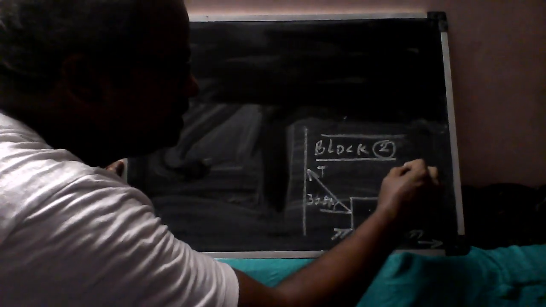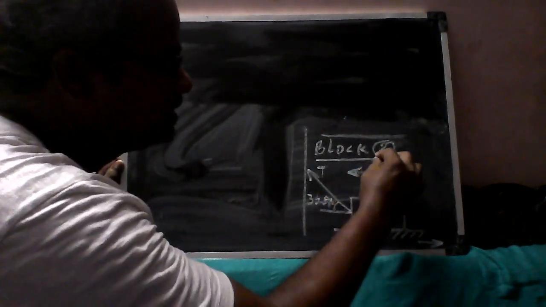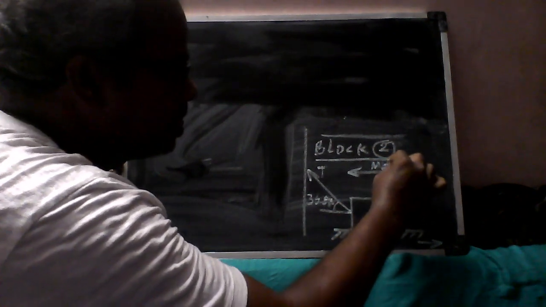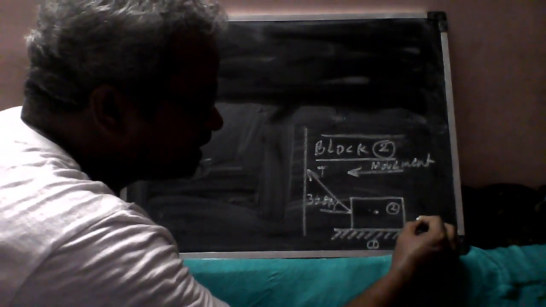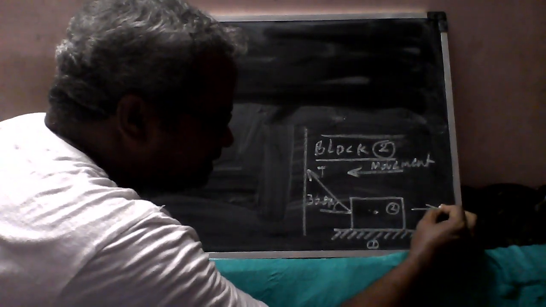So the movement of the block is left side, relative movement with respect to block 1. So there will be a frictional force acting here on the right side.